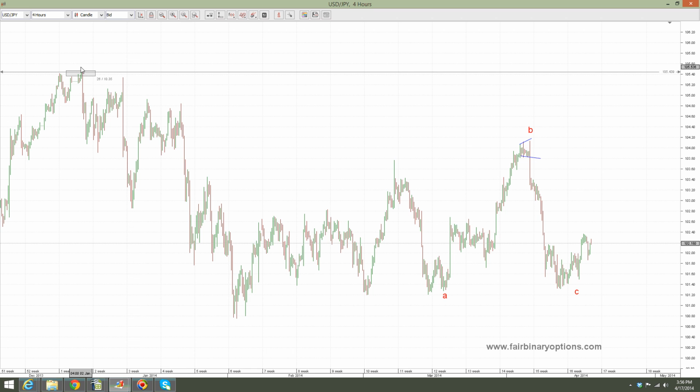And starting with this moment of time on the right side, you have here A, B, C, so a three-wave structure, this to be wave A, then the B wave to the upside, then the C wave to the downside. So just like that, A, B, and then the C here.